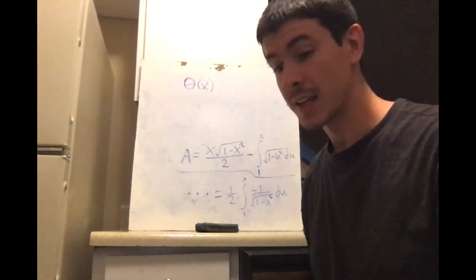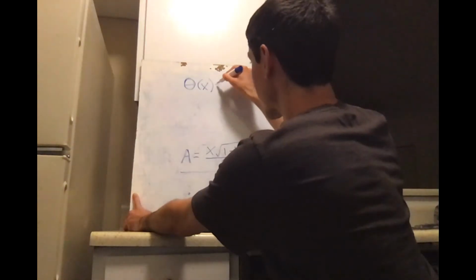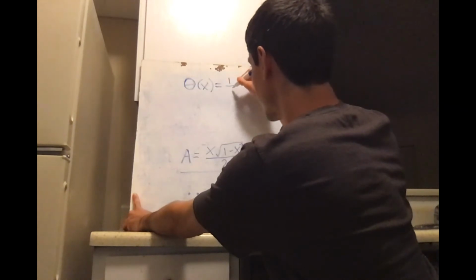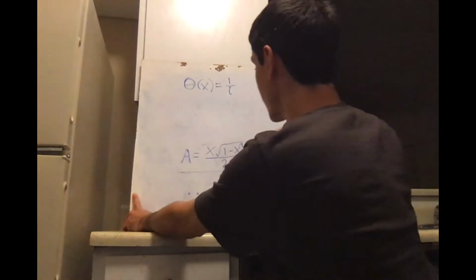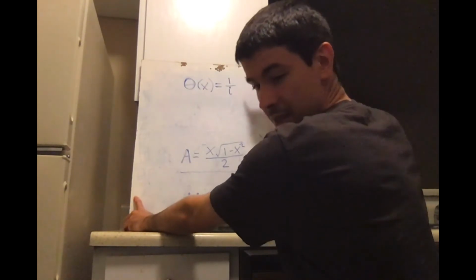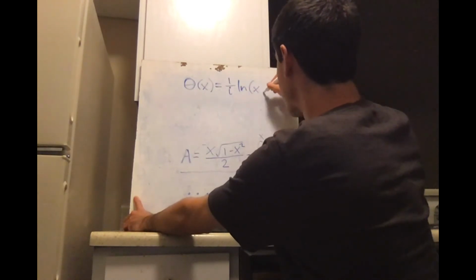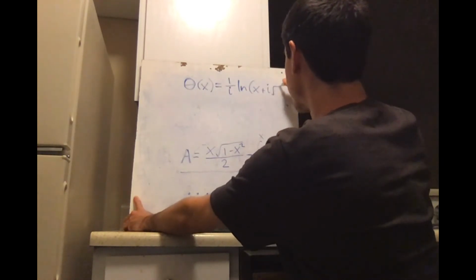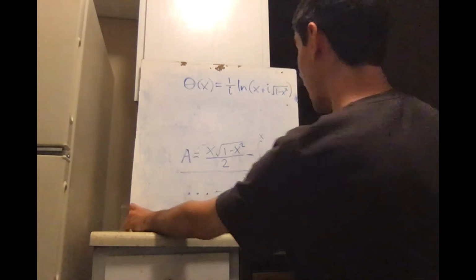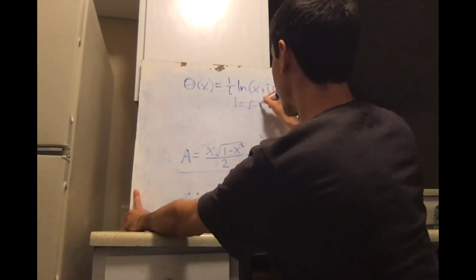But instead of doing that, I'm going to do something that looks a bit like what we did before, but with some tricky new twist: 1 over i times the natural log of x plus i times the square root of 1 minus x squared, where i equals the square root of -1.